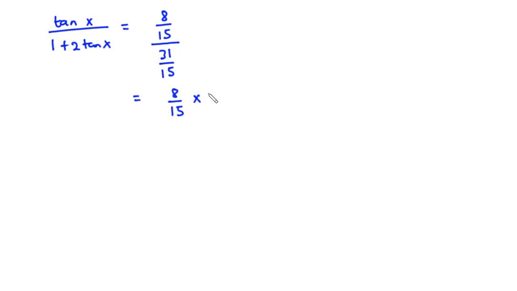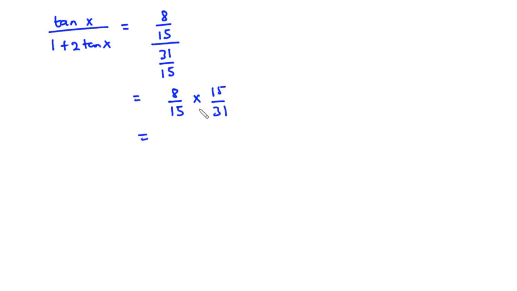So we had tan x over 1 plus 2 tan x to be equal to 8 over 15 divided by 31 over 15. So this can be simplified as 8 over 15 times 15 over 31.